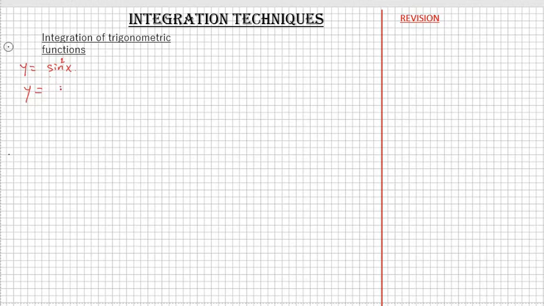Okay, let's say for instance y is equal to sine to the power of n ax. So you have another function like y is equal to cos to the power of n ax. So you can have like cot to the power of n x and so on.